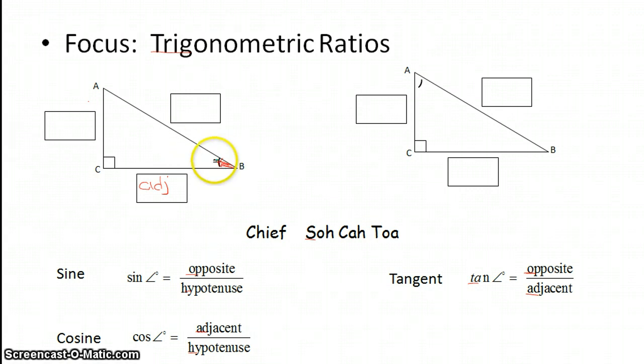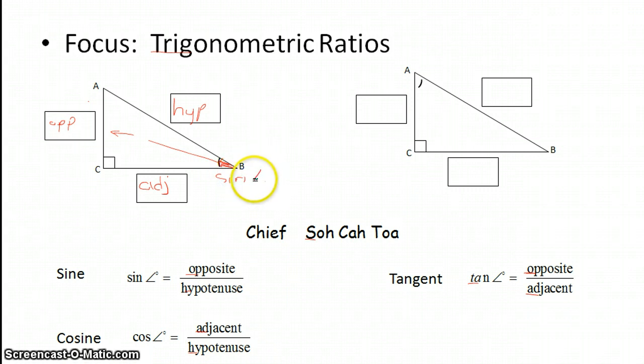If we want the side opposite, go to the opposite, and that would be side AC. And of course, the hypotenuse is still the hypotenuse. He never changes.